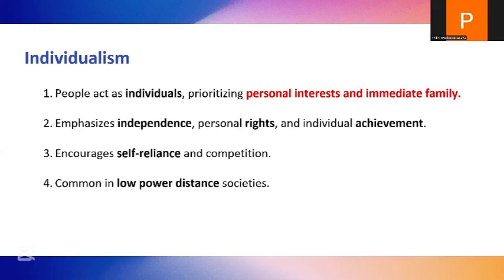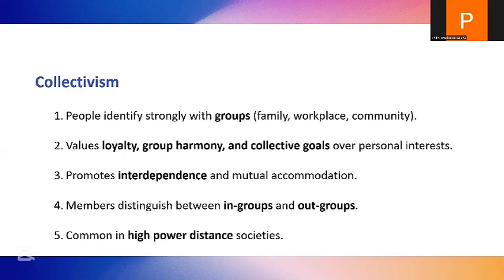So as we discussed earlier, the type of power distance focused on this individualism is low power distance. Okay. So collectivism always strongly believes in group workplace, group community. Because of that, they go for loyalty, group harmony, and they go for collective goals over personal interest.